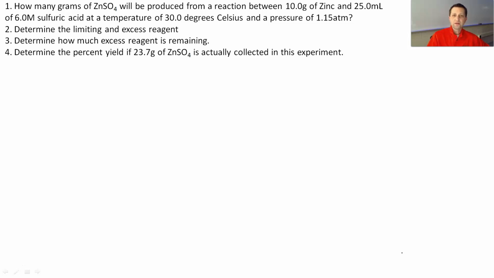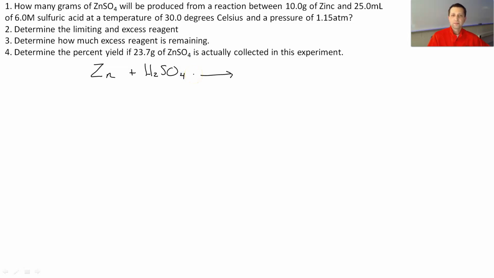So we know zinc sulfate will be produced here, because it says that, and it's going to be from a reaction between 10 grams of zinc, so we're going to add zinc, and sulfuric acid, so that is H2SO4.